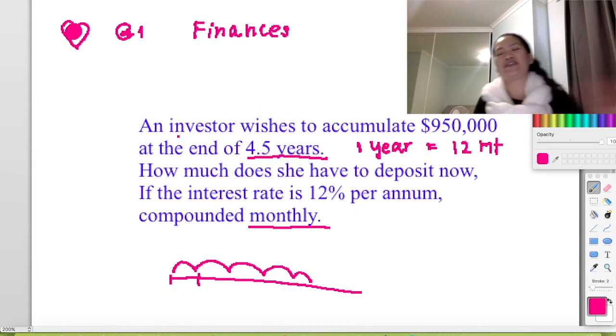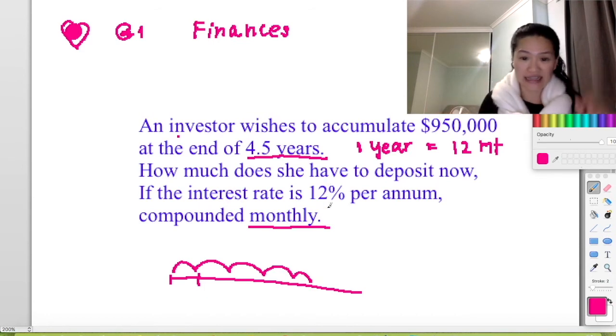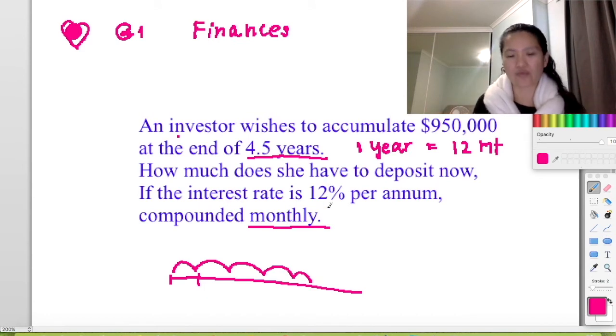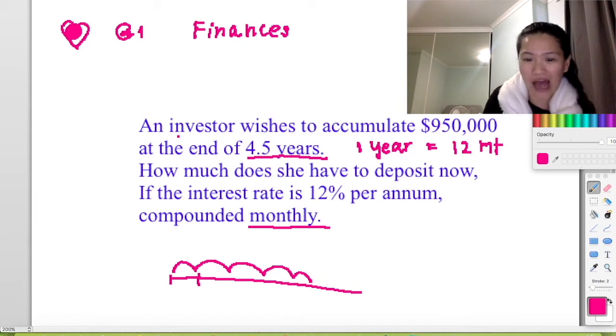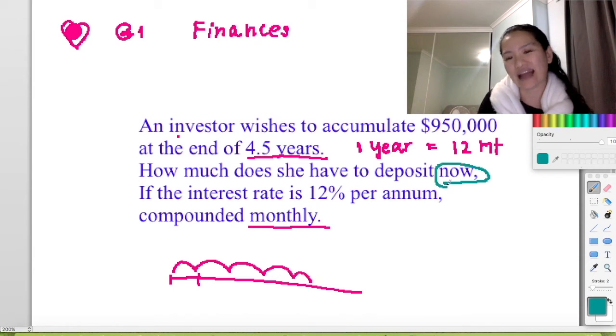When you see a question like this, you should read it at least twice. First, they ask how much she has to deposit now. If they say now, that means they want you to find PV, present value.